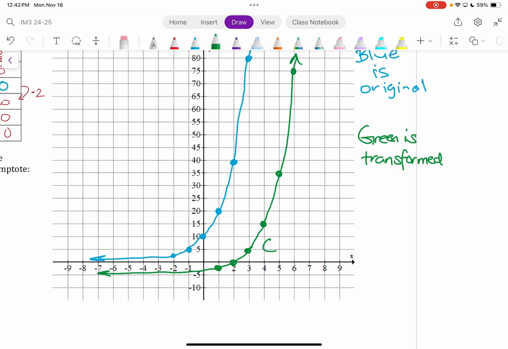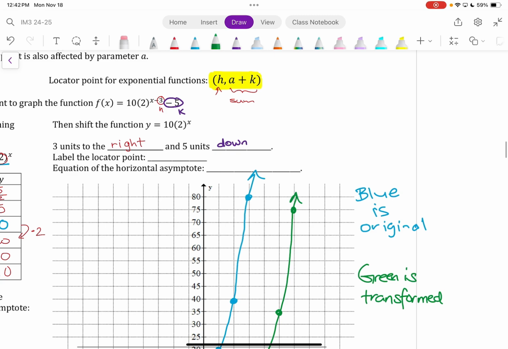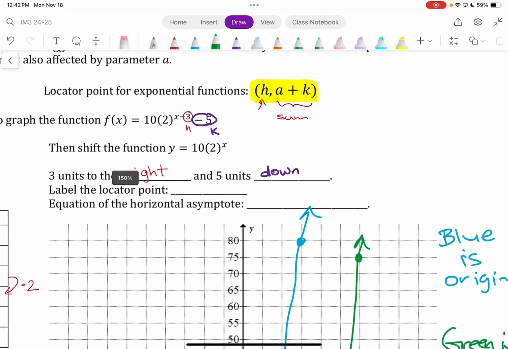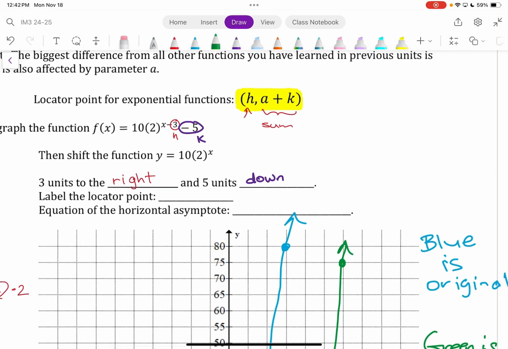Your new locator point or your new starting value is now 3 and 5. Now, let me go back up real quick. Label the locator point. Remember that the locator point we find by using this that I highlighted in yellow. So H is 3.